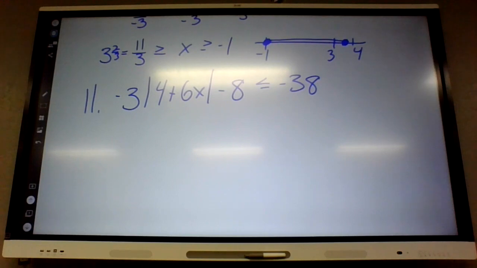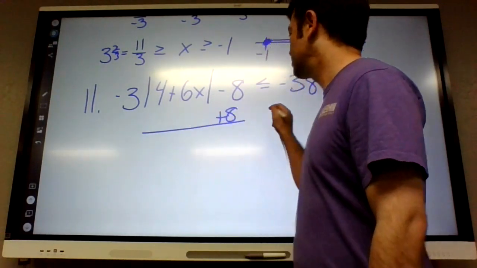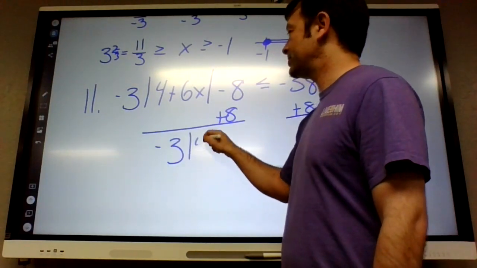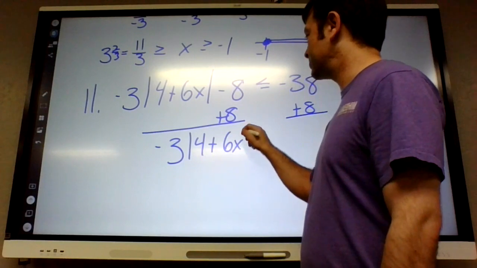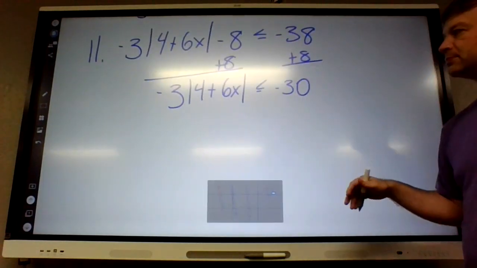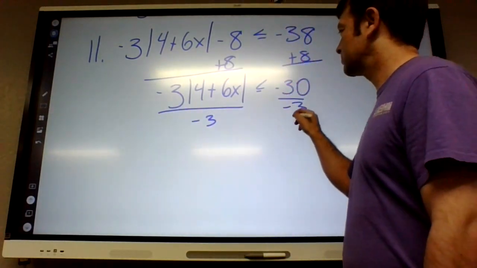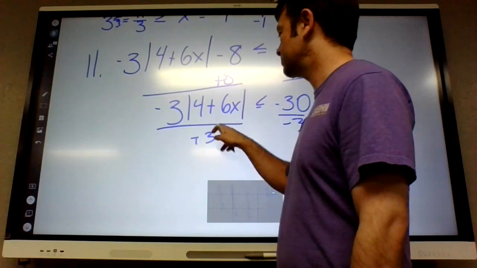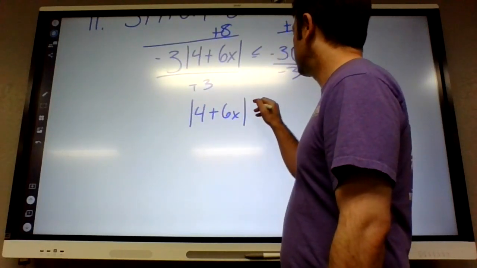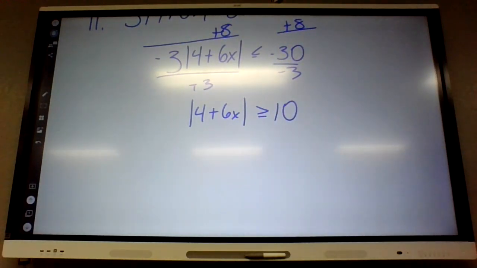Plus 8. So we're trying to get the absolute value by itself first, kind of like we did yesterday with the equals. Then what? Divided by negative 3. Okay, since we divide by a negative, the inequality switches.